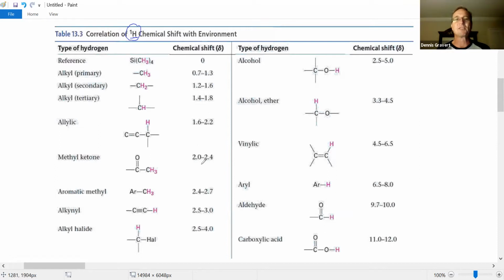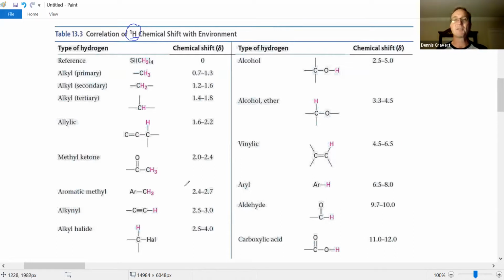The position tells you something about the functional groups, right? So if you get a peak around 2.2, it could be a hydrogen next door to a ketone, or it could be a hydrogen next door to an alkene. That's an allylic hydrogen. But just like in the carbon NMR correlation table, we had to be a little flexible using it.